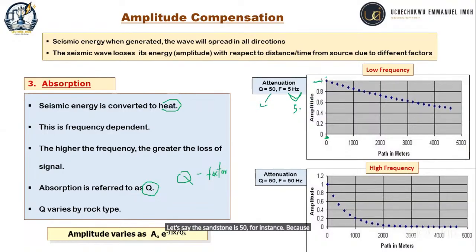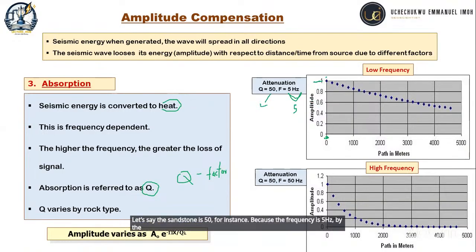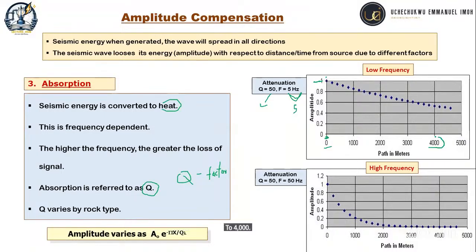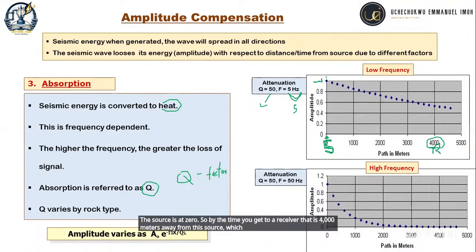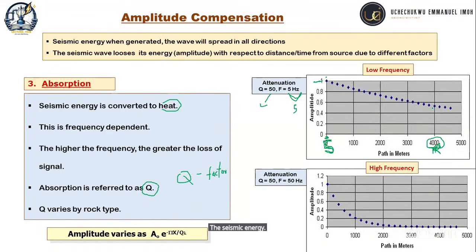Because the frequency is 5 hertz, by the time the seismic wave travels from point 0 to 4,000 meters away from the source, the source is at 0, by the time you get to receiver R, 4,000 meters away, the seismic energy will still have enough amplitude.